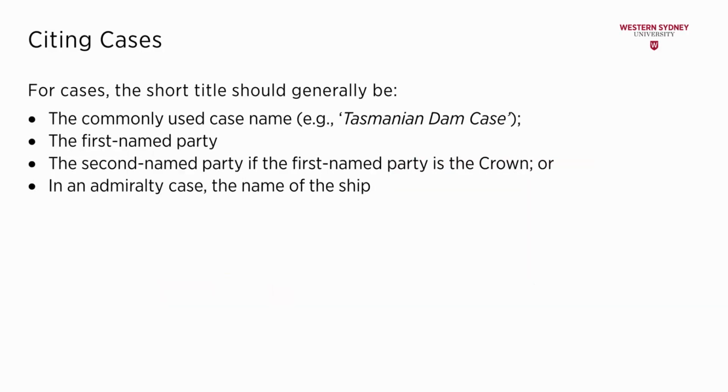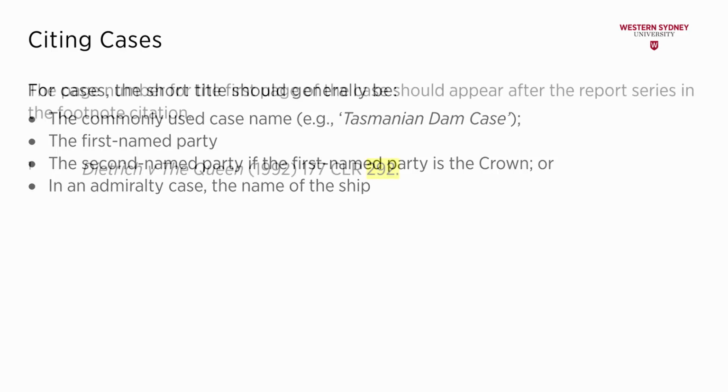For cases, the short title should generally be the commonly used case name, for example, Tasmanian Dam case, or the first named party, or the second named party if the first named party is the Crown, or in an Admiralty case, the name of the ship.